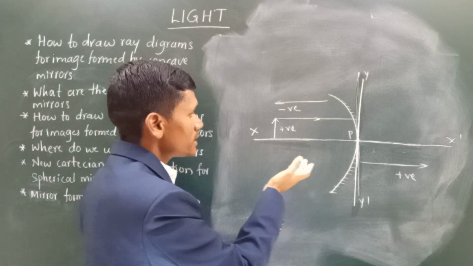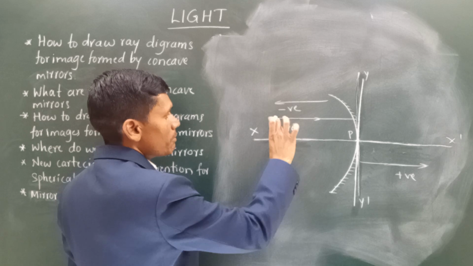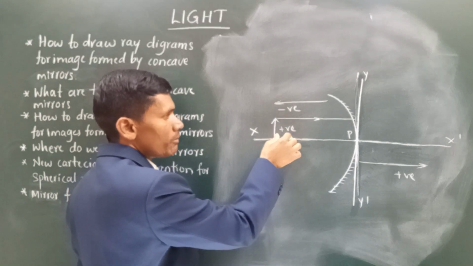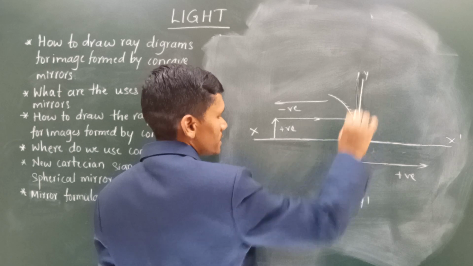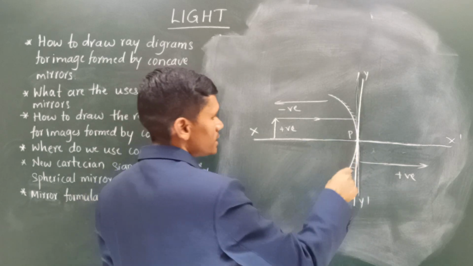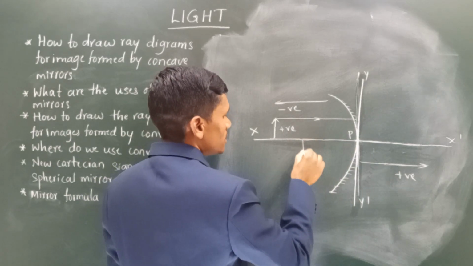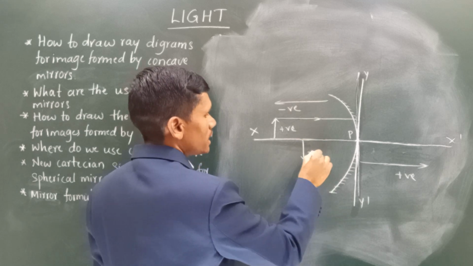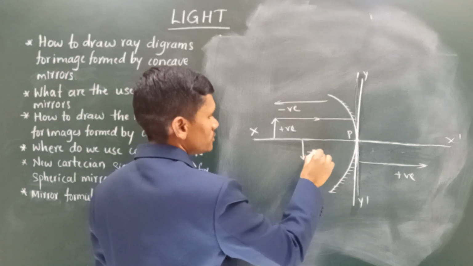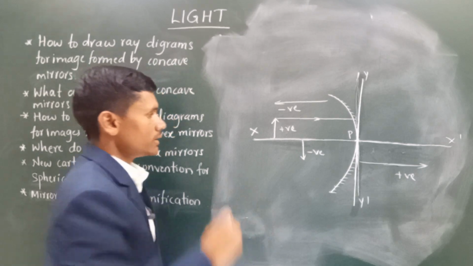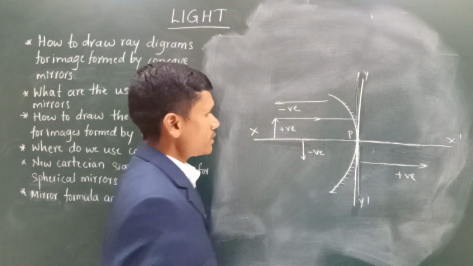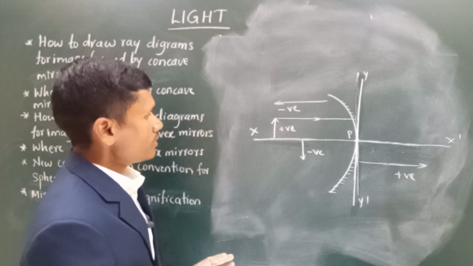The distances measured perpendicular to and above the principal axis are taken as positive, because it is the positive y-axis. The distances measured perpendicular to and below the principal axis are taken as negative. And this is the origin, right? This much you need to remember.